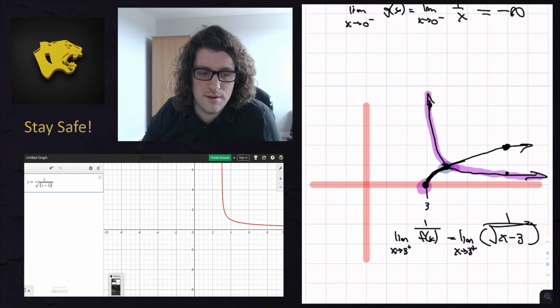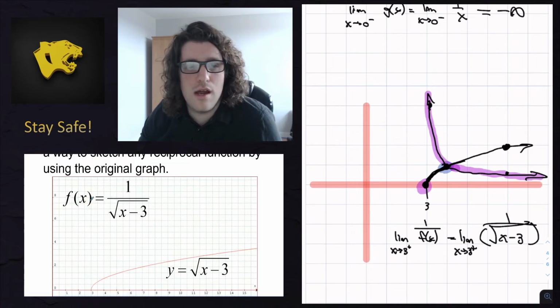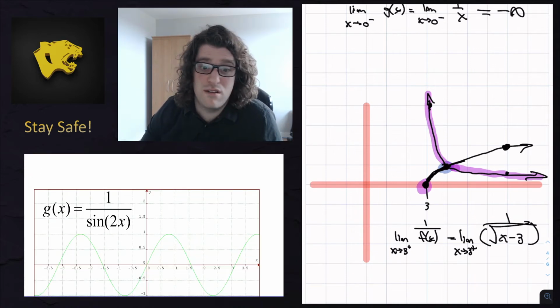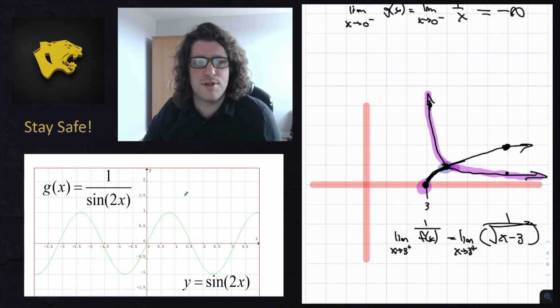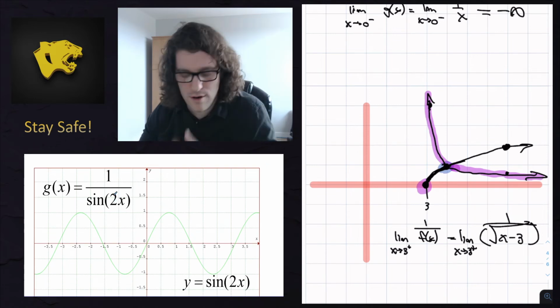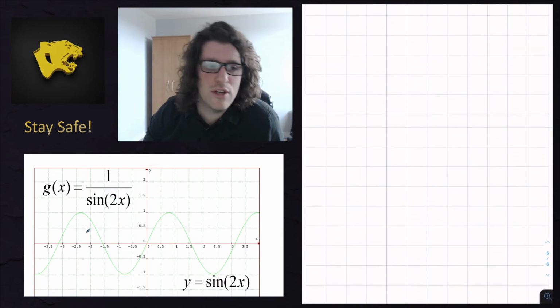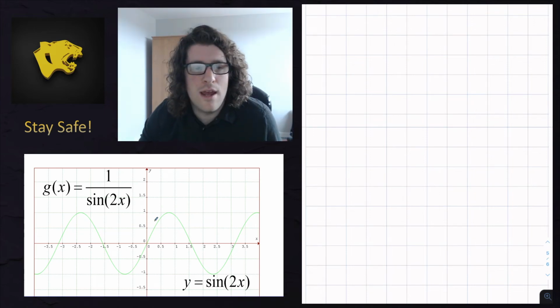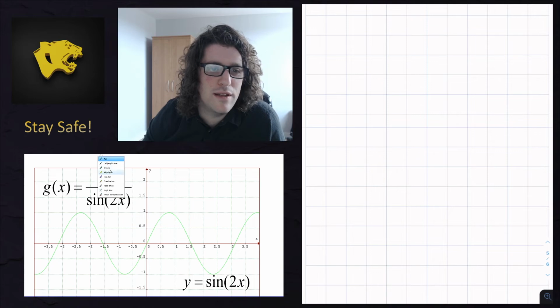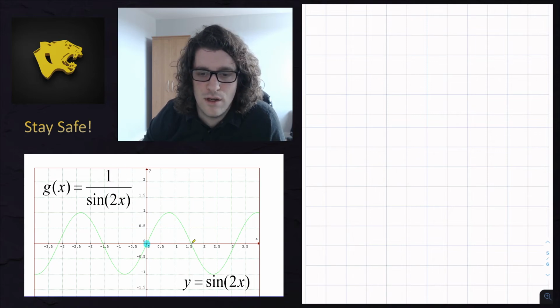The idea, and I'm just going to pop this back up here, is that we can do this with anything that we feel reasonably comfortable with. So here, this is 1 over sine of 2x, and I'm going to do this a little faster on this sheet. Let's label some sketchy spots really quickly. We have a sketchy spot here at 0, and here at 0, and here, and here, and here.